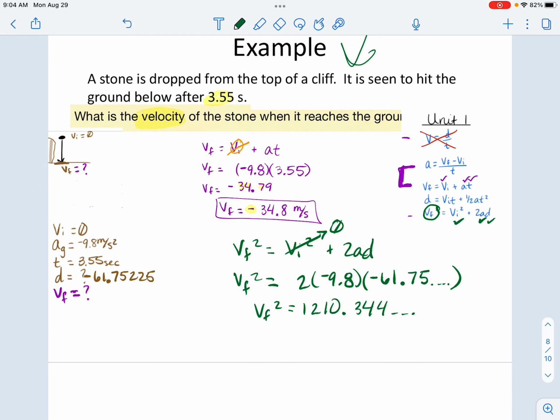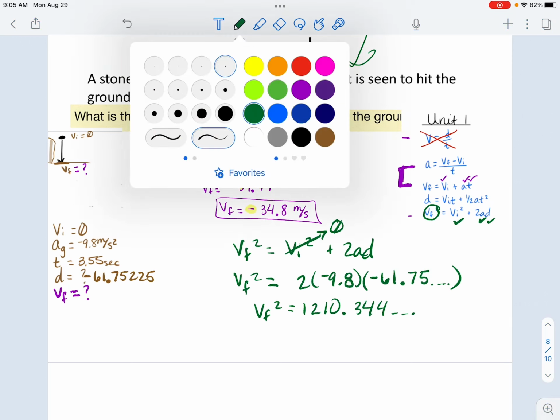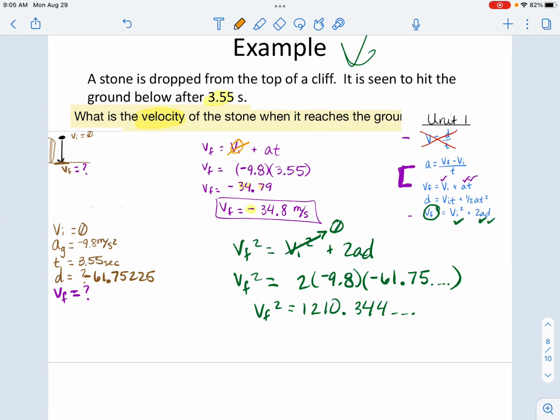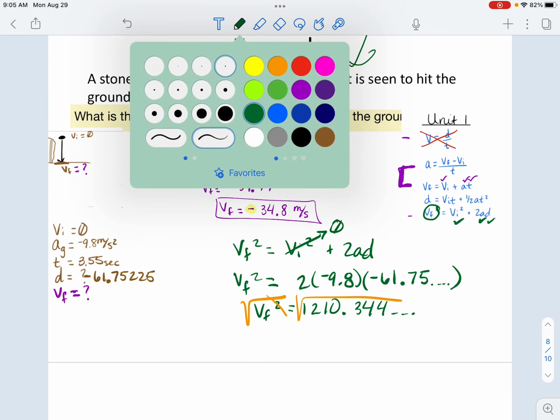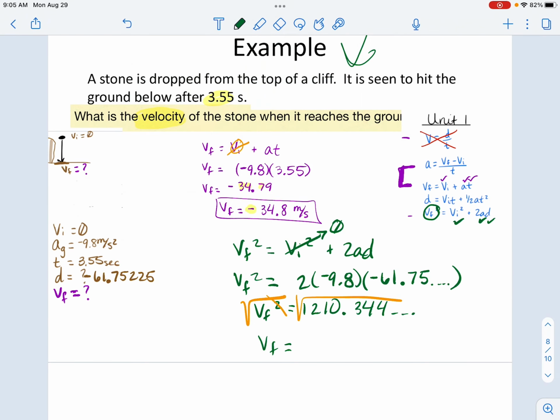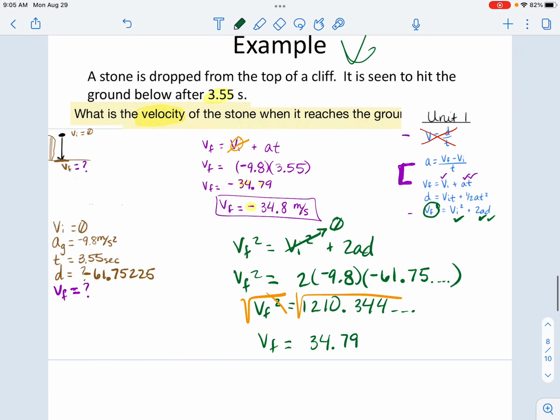Remember, whatever you're solving for, if it is originally written as a squared value in your original formula, the very last thing you're going to do is square root. That cancels out the squared and makes it VF equals. And again, please use that answer button. And so we get 34.79 as our calculated answer.